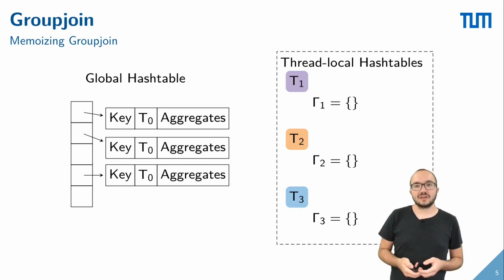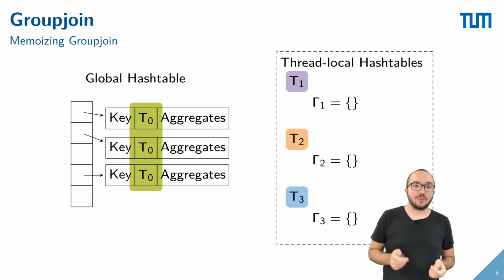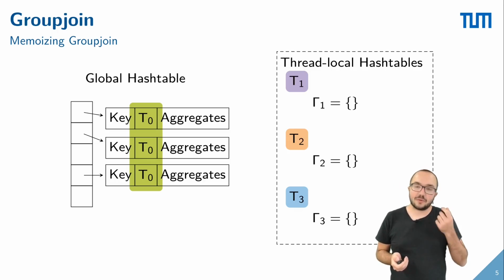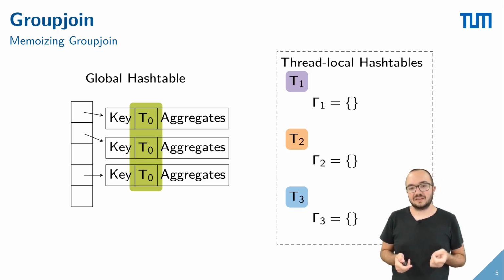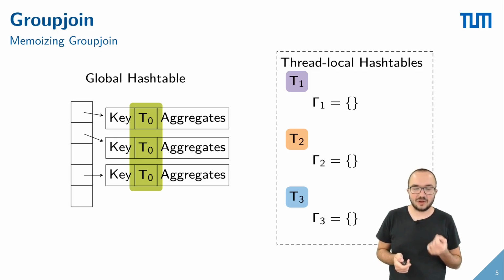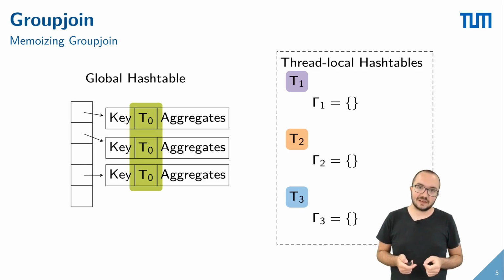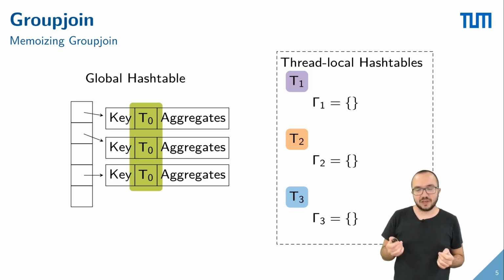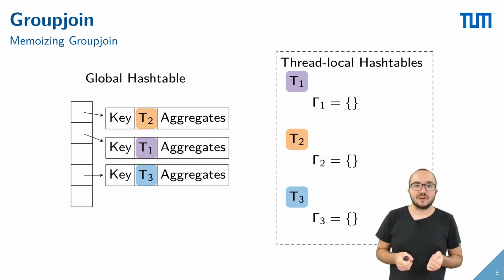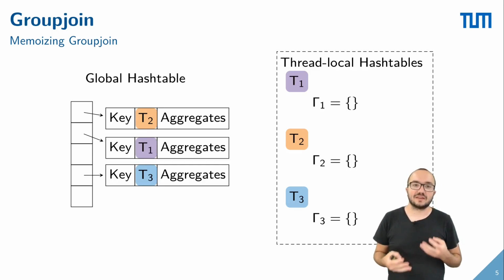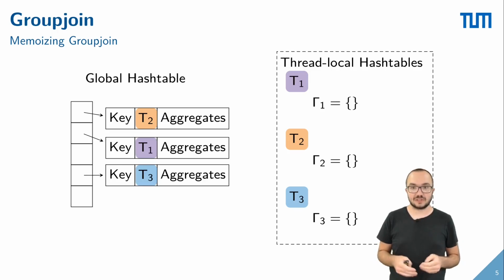In the global hash table, we add a thread marker that marks the thread this aggregate belongs to, and we update this thread ID with the first thread that initializes and updates the aggregate. So in the common case, each aggregate is only ever touched by exactly one thread, which means that we can directly update it in place and never get into the situation that would have caused contention.